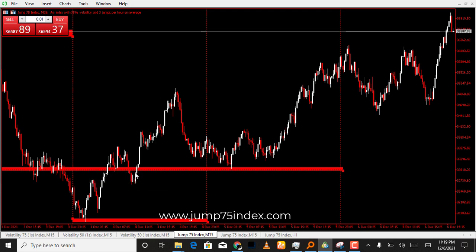As you can see in here, the price bounced, it broke this level. For us to understand how price is reacting, you can identify this as a stop hunt, guys, because it broke this order block here and moved into a bearish trend until it rejected and continued its bullish trend.